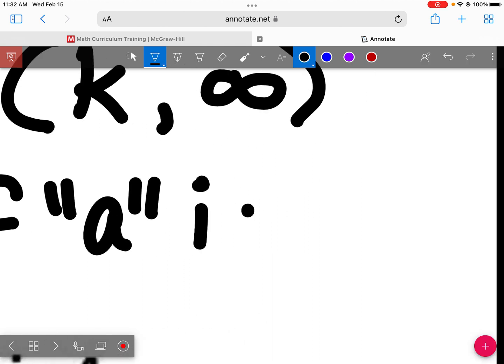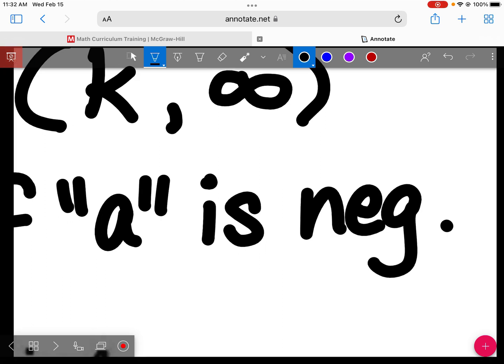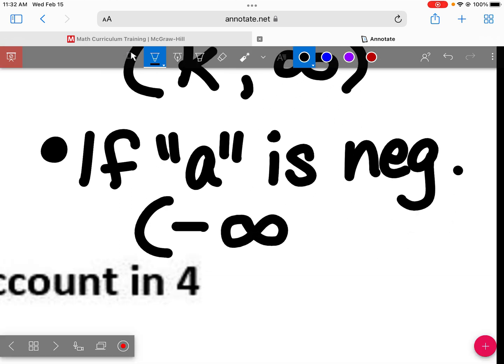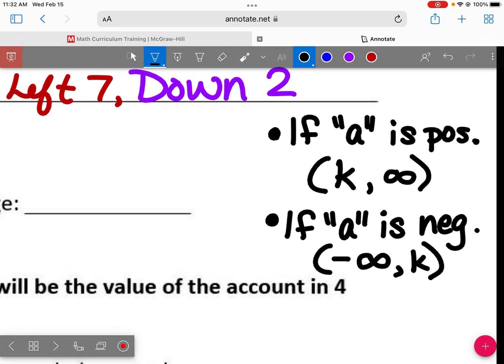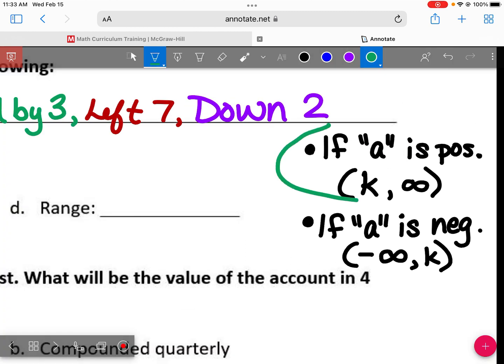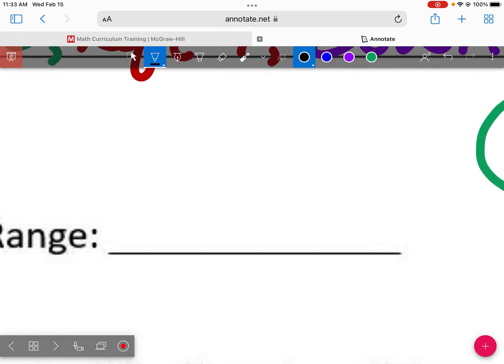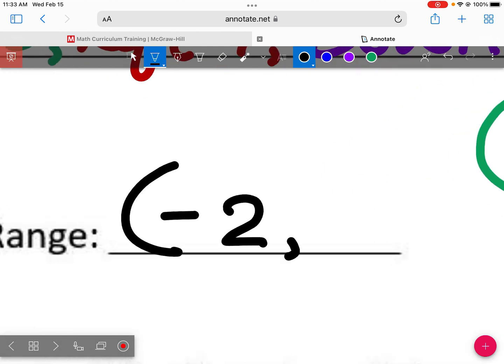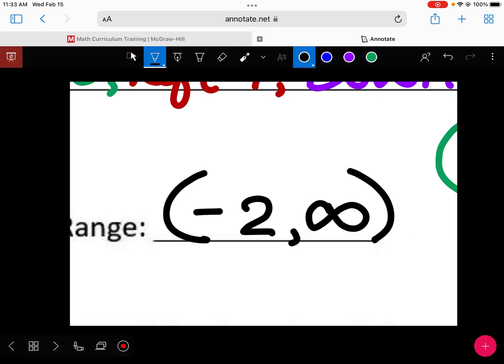And if A is a negative number, it's going to be -infinity to whatever K is. So which one of these cases applies here? The top one. Our A value is positive. So what's my range going to be? -2 to infinity. Yes.